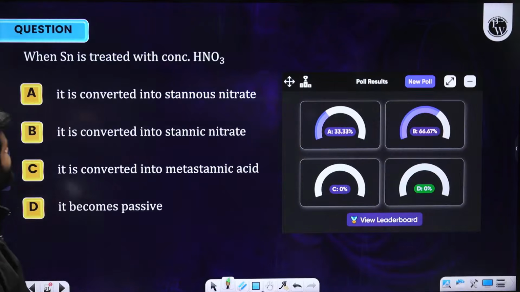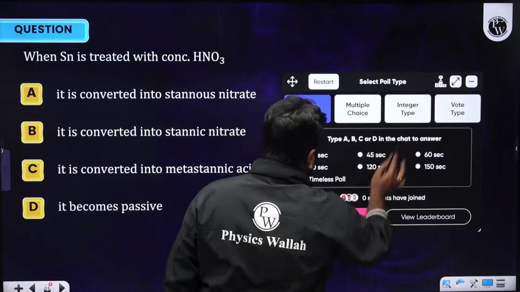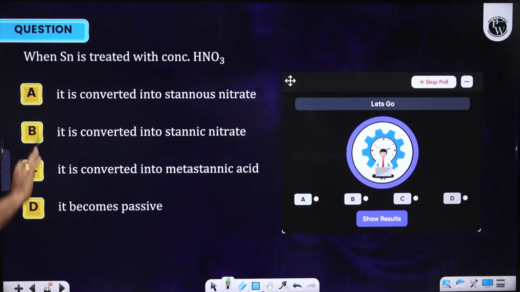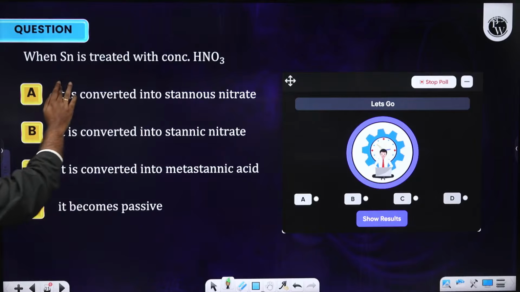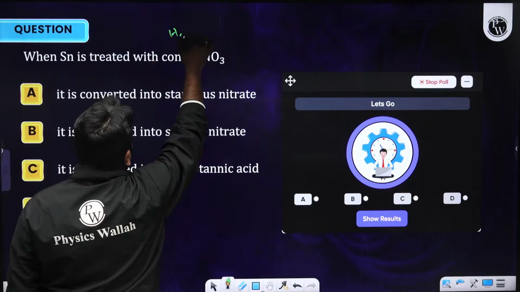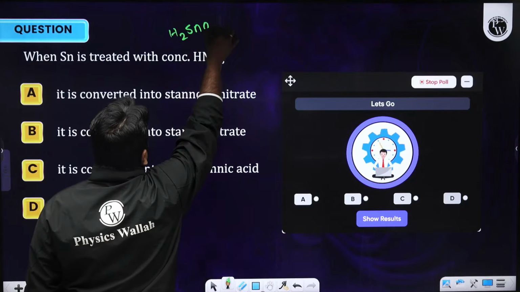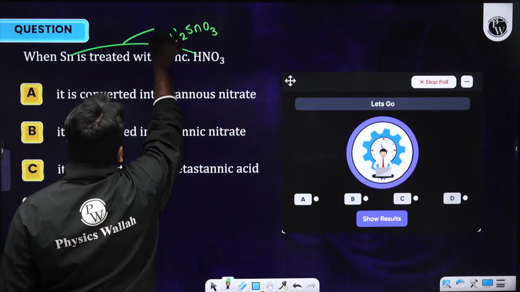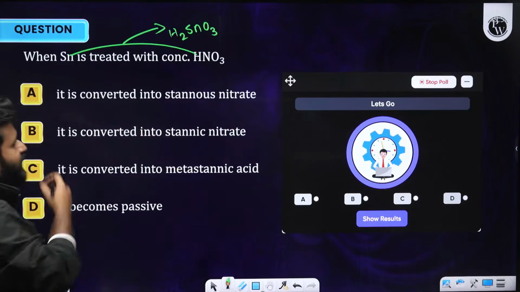When Sn is treated with concentrated HNO3, what is the product we will get? If you want, I will give a clue by writing the chemical formula. When Sn reacts with concentrated HNO3, we get H2SnO3.